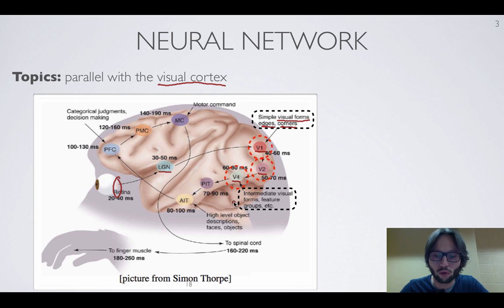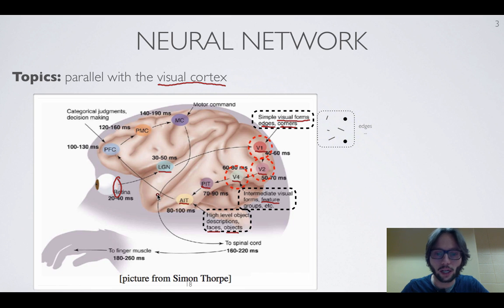So essentially groups or combinations of simpler features like edges and corners. And then this eventually reaches PIT and then AIT, where we get neurons that are sensitive to particular faces or particular objects in the visual field. So we see that the processing of information in the visual cortex goes through these layers or regions that are put in sequence into the processing of the brain.